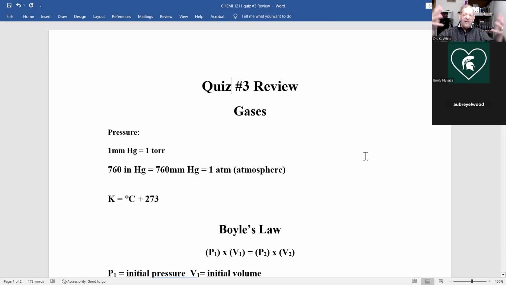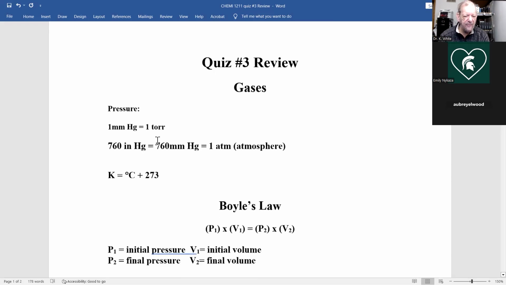Now, when we talk about gases, an important thing is things you can measure. One of the important things about a gas is the pressure. This should be changed, but in the quiz it's right here: 1 millimeter of mercury equals 1 torr. 760 torr, Hg is mercury, equals 760 millimeters of mercury, equals 1 atmosphere.